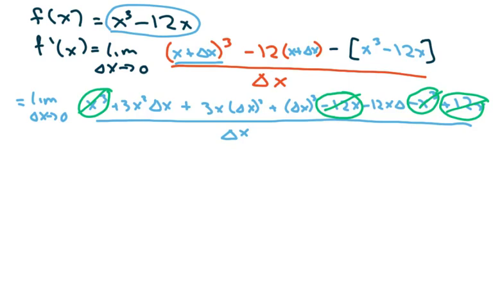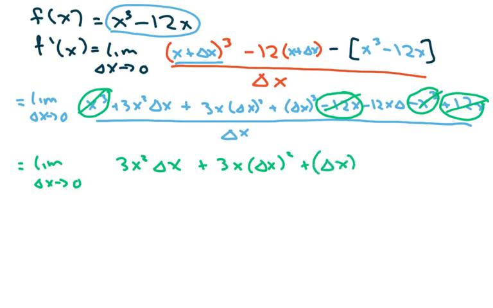So we're left with the limit as delta x approaches 0 of 3x squared delta x plus 3x delta x squared plus delta x cubed minus 12x delta x.